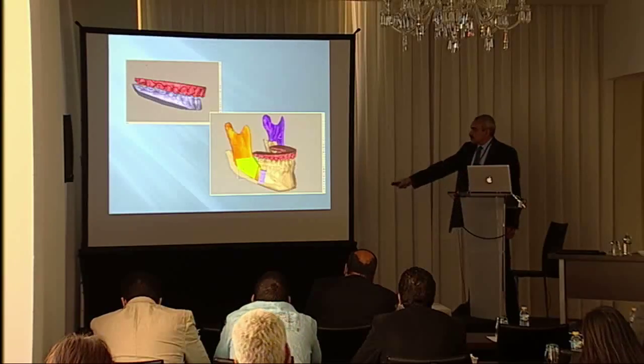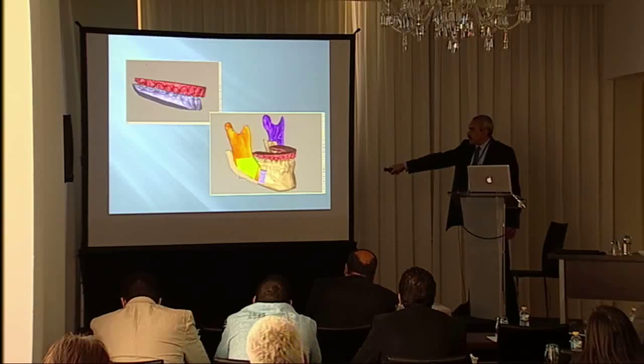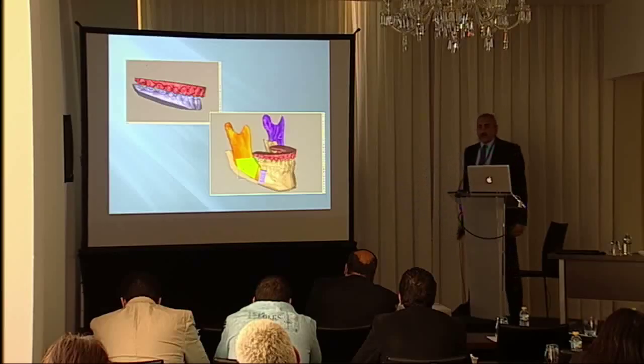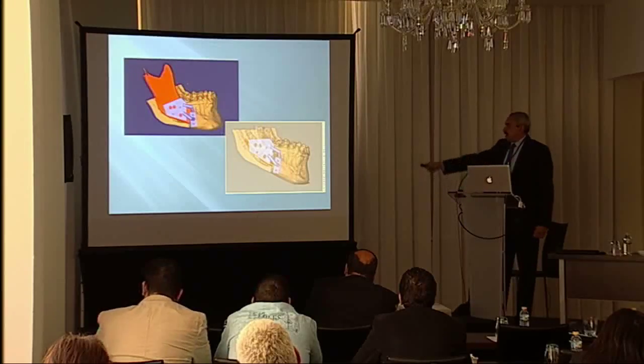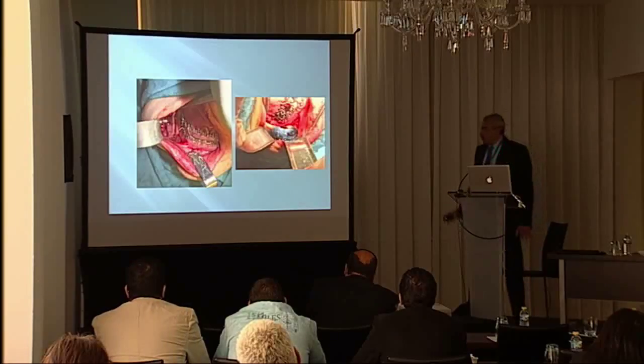This is a demonstration of the models being moved according to the planned postoperative occlusion. Then the arms are now removed, and we recreate new models like that. This is what happens at surgery time.